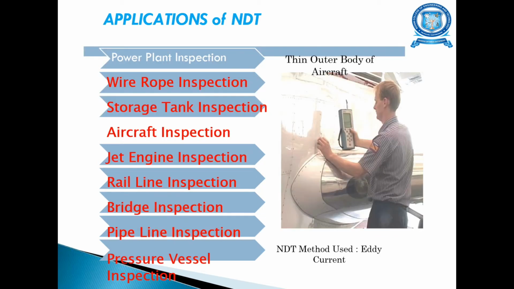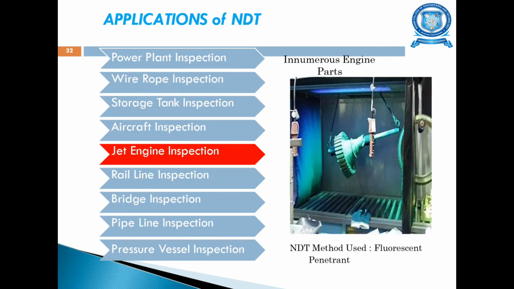And here you have this aircraft inspection. This thin outer body of the aircraft is being tested by the eddy current testing method. And here jet engine inspection, fluorescent penetrant is being used. That is the liquid penetrant testing, a non-destructive testing method used here to inspect the jet engine.